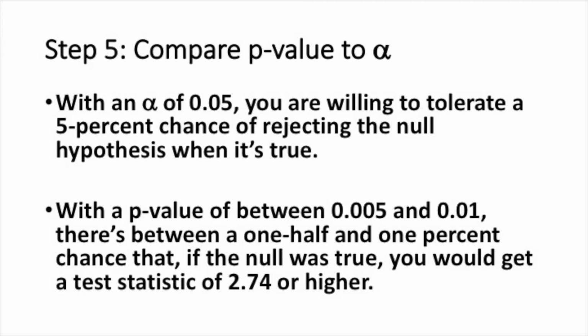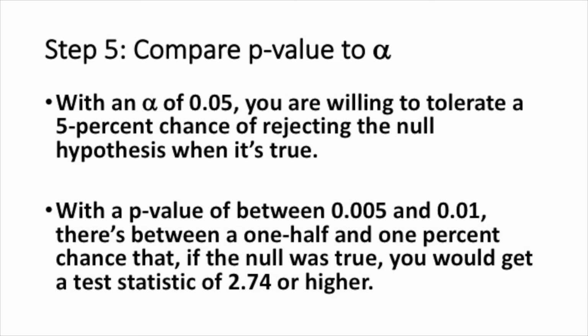The fifth and final step of the hypothesis test is comparing the p-value that we just calculated to the significance level that we set in step 2. You might recall that with a significance level, or alpha, of 5%, we are willing to tolerate a 5% chance of rejecting the null hypothesis when it's true.